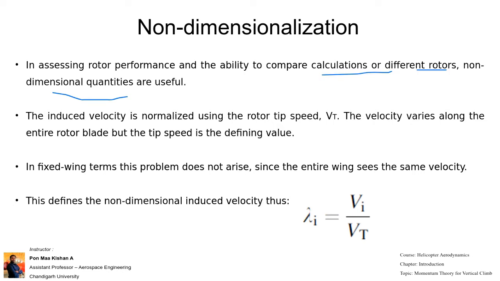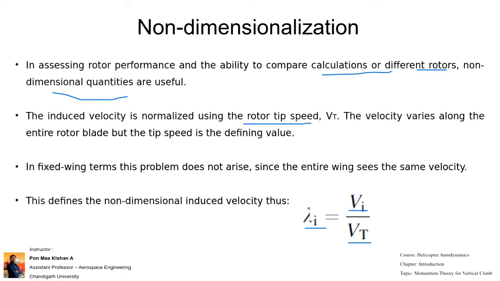Suppose I have different rotors; in order to avoid confusion between induced velocity and rotor tip speed, we use a single term, the non-dimensional induced velocity. Lambda is the non-dimensional induced velocity, where Vi is the induced velocity divided by Vt, and Vt is the rotor tip speed.